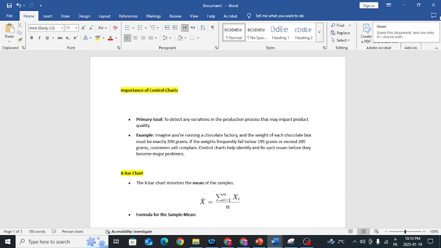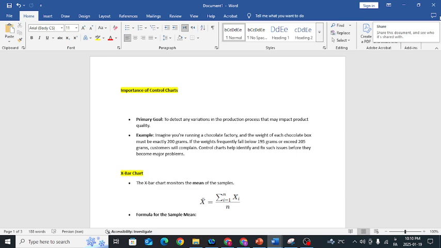I will guide you through a practical example and even sketch out charts so that you can visualize what's happening in a process. You will learn how to calculate control limits for both the mean and the range, how to spot abnormal patterns, and how to take corrective actions if your process is out of control.